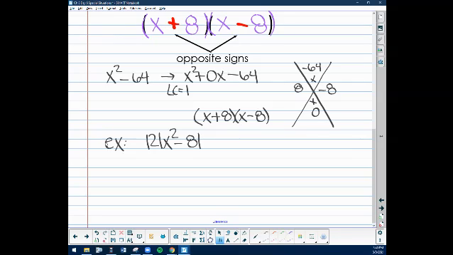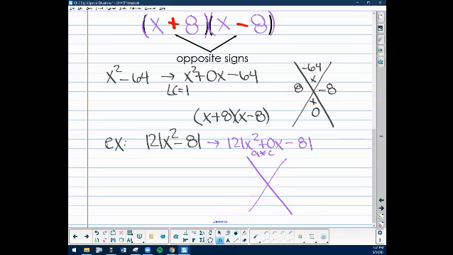If we did the box method or the x method and we added the 0, and we tried to do the x, what are we going to multiply to? Remember, it's a times c. This is 121 times negative 81.